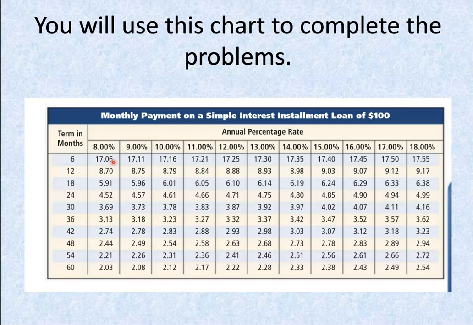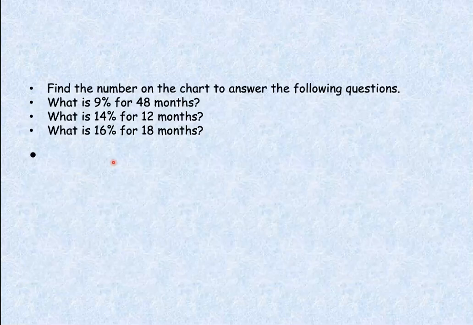There are 3 problems. Figure those out, pause the video, and then I will tell you the answer. Okay, 9% for 48 months would be 2.49. 14% for 12 months would be 8.98.